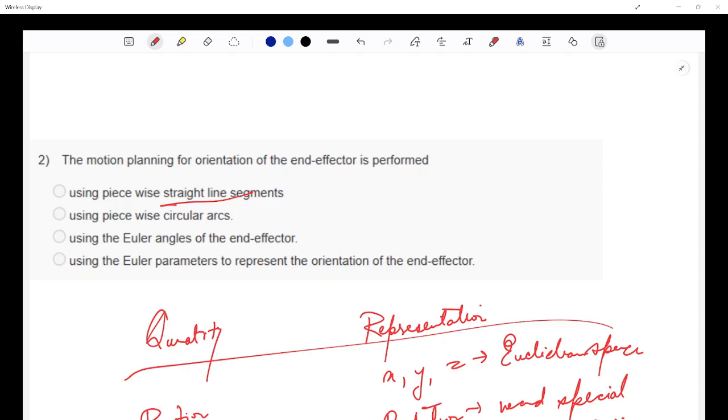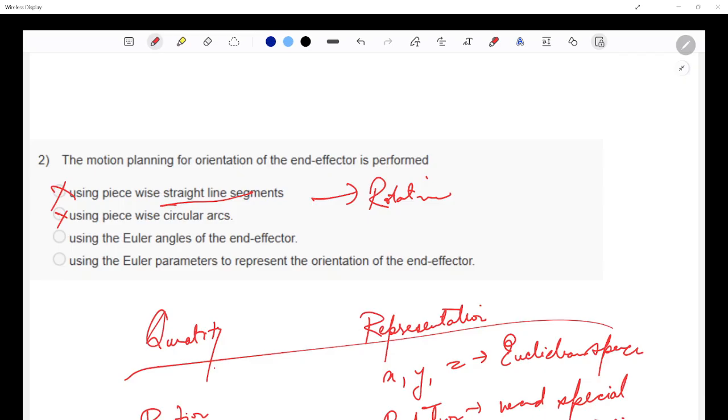So rotations do not lie in Euclidean space. Right? So it is not correct. The second option is using piecewise circular arcs. Circular arcs are also used for position paths. Orientation is not handled like geometric curves in R3. So this is also wrong.